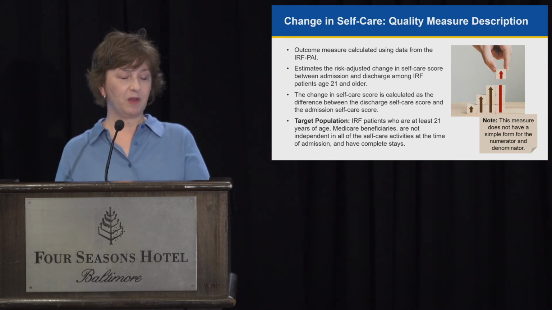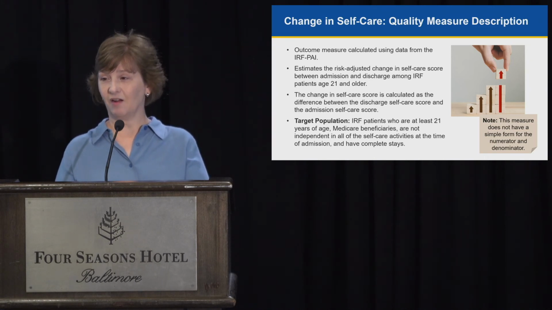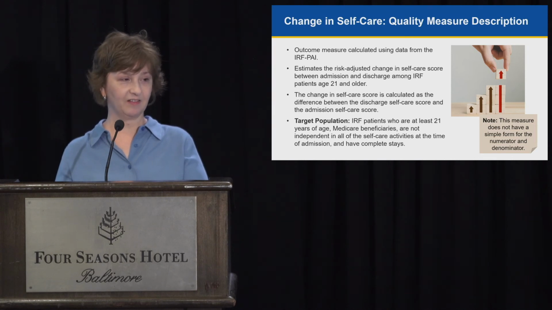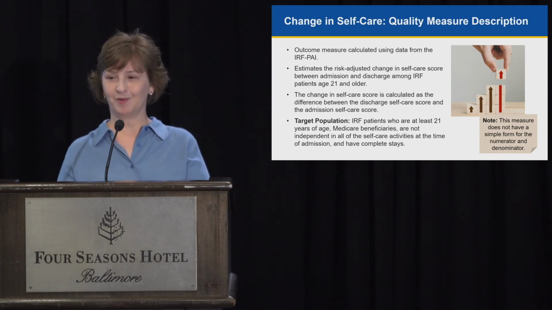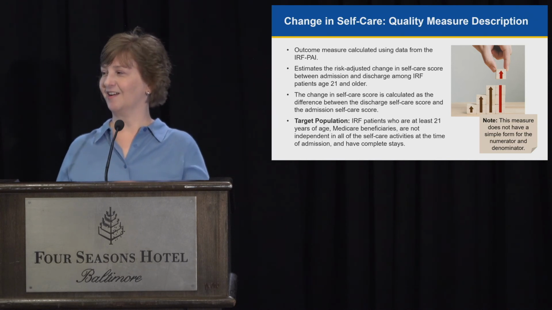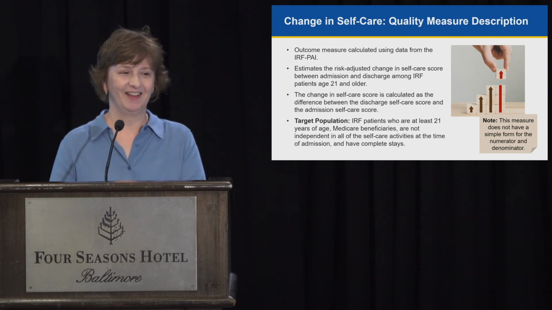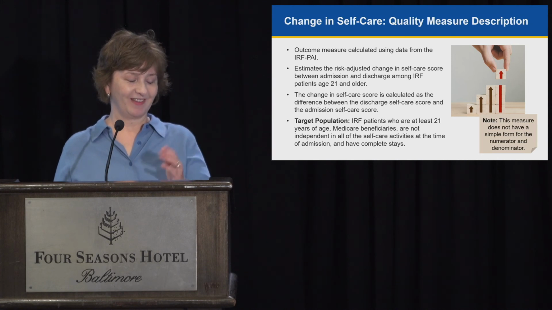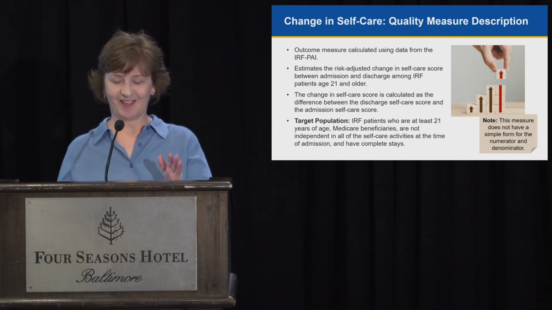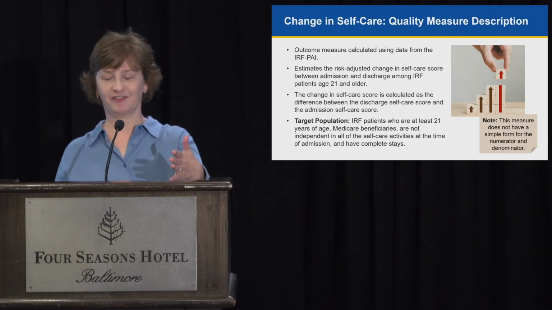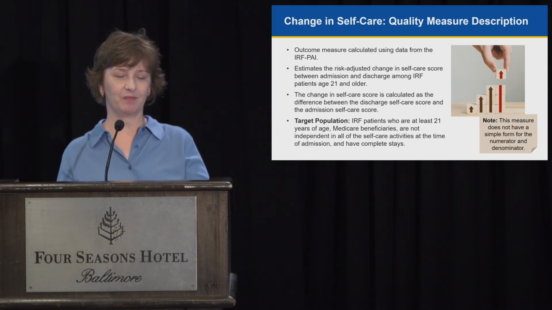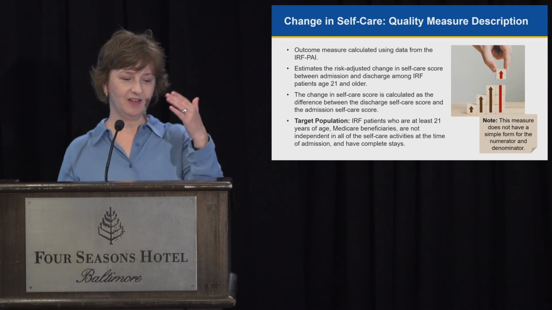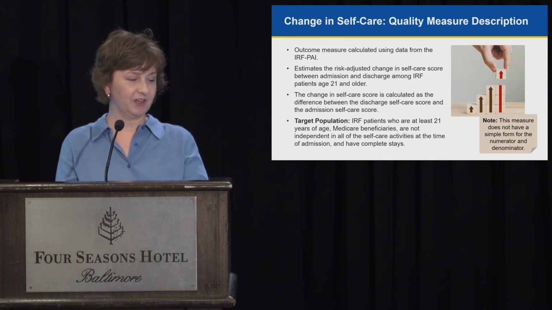It includes people who are not independent on all the self-care activities at the time of admission. Probably you don't have many people who are getting coded 6 on everything on admission, right? Mathematically, somebody can improve if they come in at 6 on each of them, but the items were designed so that people would not be at the top of the scale on admission generally.